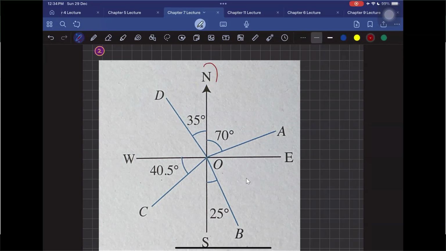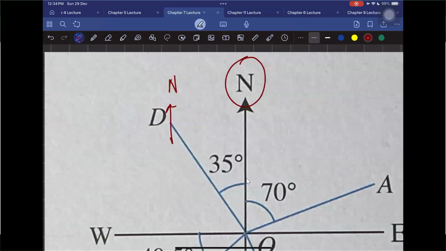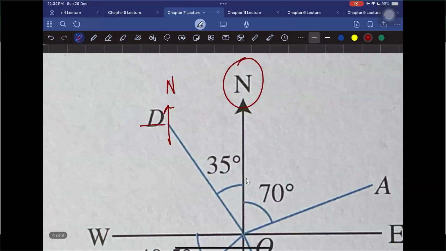Okay? Your north pole. So in this case, if I ask what is the bearing of point O from D, then you should basically draw a north pole here. And your bearing is basically this whole angle. And how are you going to find the value of that angle? If you draw this, this is 90 degrees.